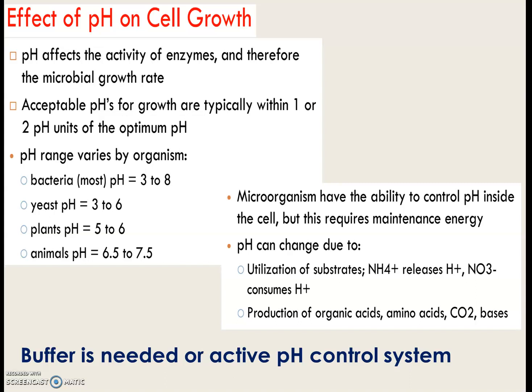Microbes have the ability to control pH inside the cell, but this requires maintenance energy. We have looked at maintenance energy before. You can recall the previous lecture on maintenance energy, which declines throughout the stationary phase, because it relates to the endogenous metabolism.